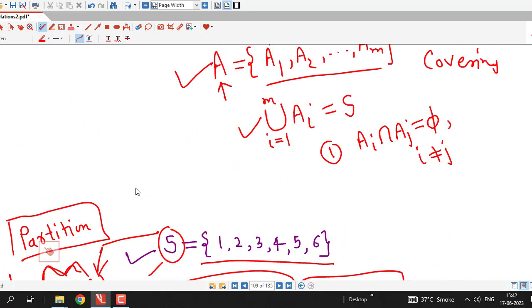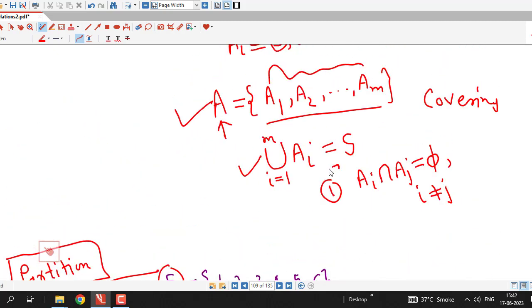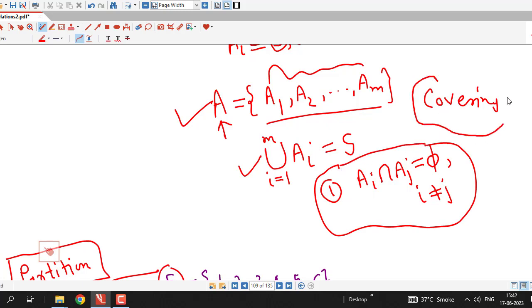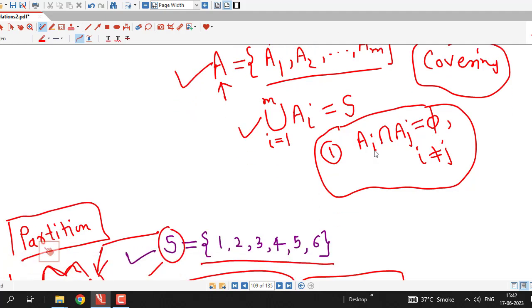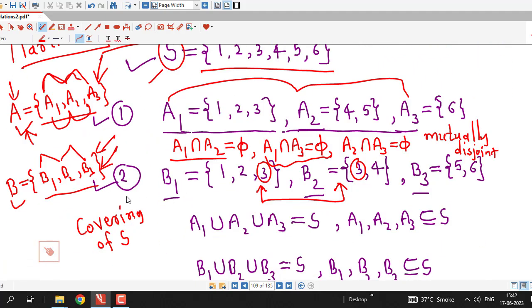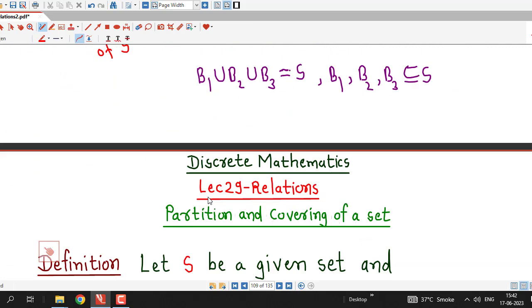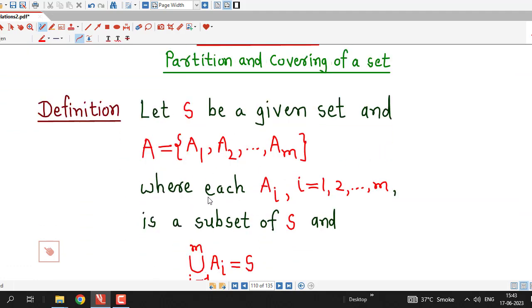So it is obvious that for a partition we require one more extra condition, and it is clear that every partition is a covering of a given set, but every covering may not be a partition. Here this collection B is a covering of this set S, but it is not a partition because its members are not mutually disjoint.